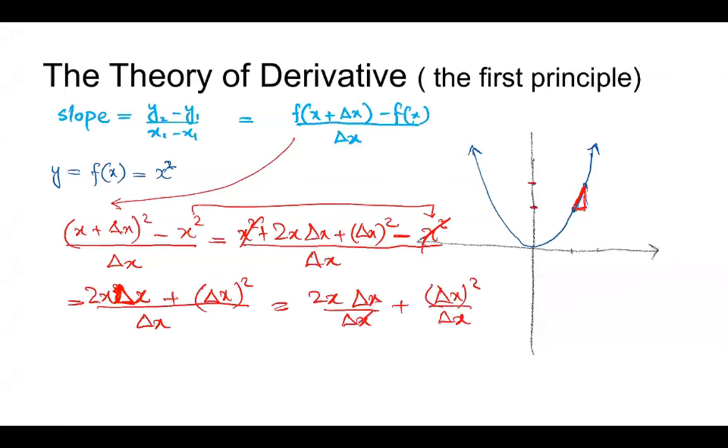And of course, we can cancel delta x with delta x, and this delta x with one of the squared delta x. So this becomes 2x plus delta x.